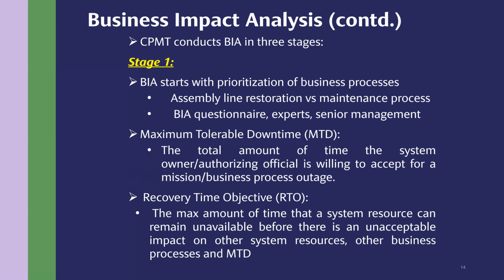they try to analyze what can be the maximum tolerable downtime, MTD. So what is MTD? By the definition, it's the total amount of time the system owner, meaning the actual owner of the business, is willing to accept for a business process outage. The business owner has to come up with a maximum tolerable downtime that they can accept whenever the system is down because of an attack or any unexpected event.